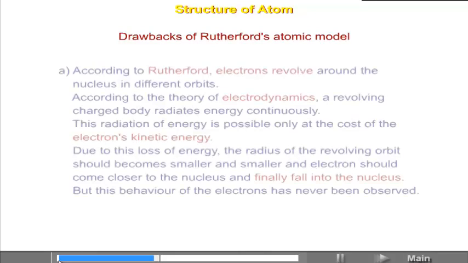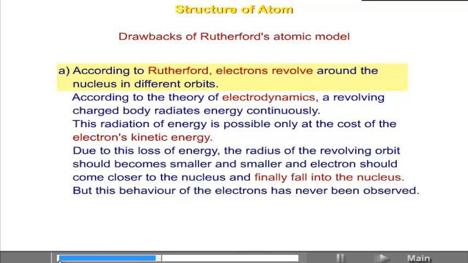Drawbacks of Rutherford's atomic model. First one, according to Rutherford, electrons revolve around the nucleus in different orbits. According to the theory of electrodynamics, a revolving charged body radiates energy continuously. This radiation of energy is possible only at the cost of the electron's kinetic energy.